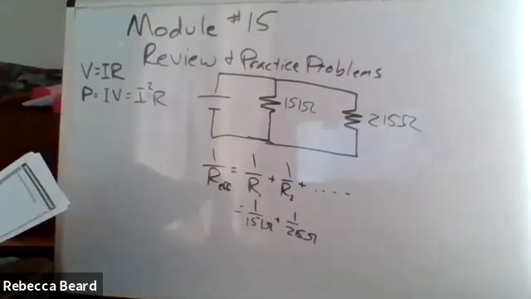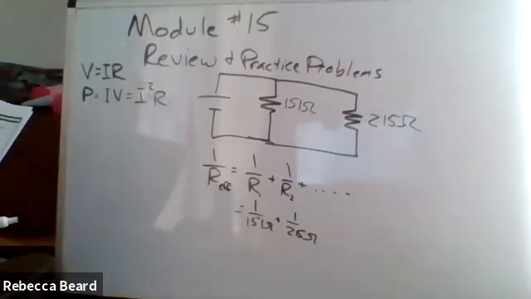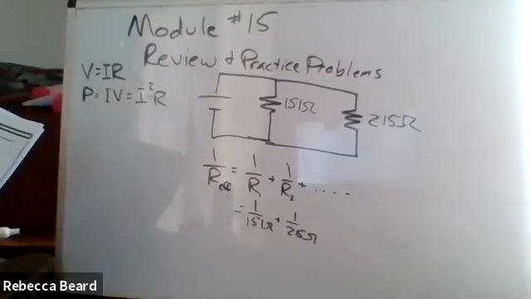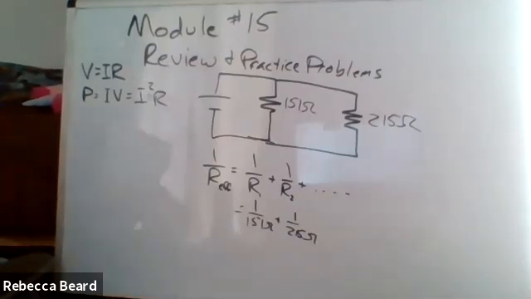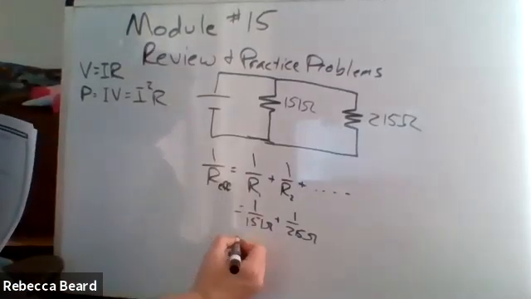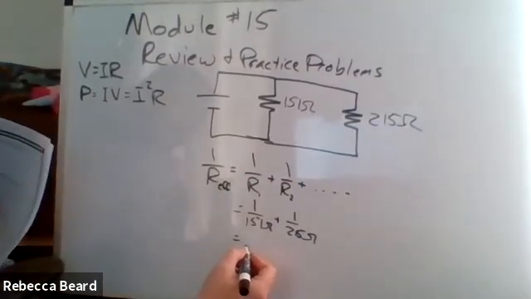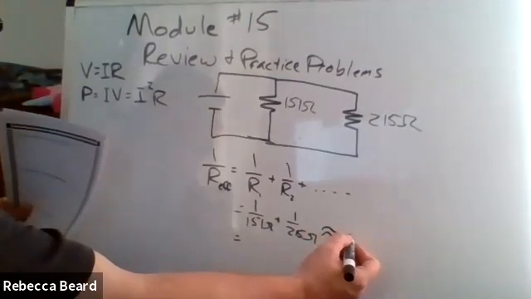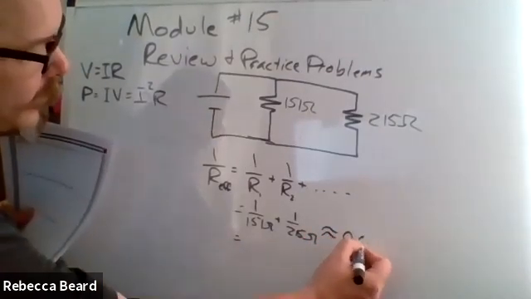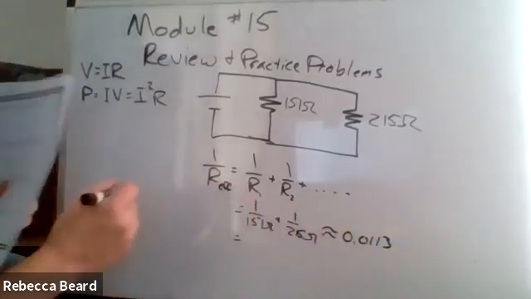So let me get those two things done and added together. 1 over 151, plus 1 over 215. So I've got 1 over the effective resistance is equal to approximately 0.113. Actually, it's exactly that.